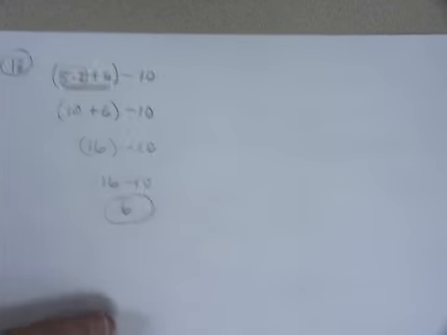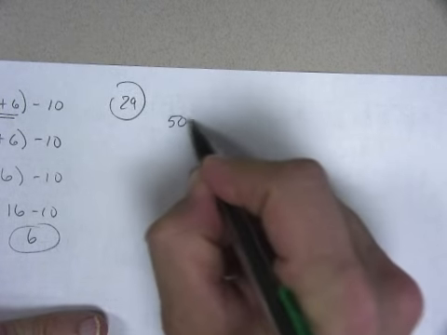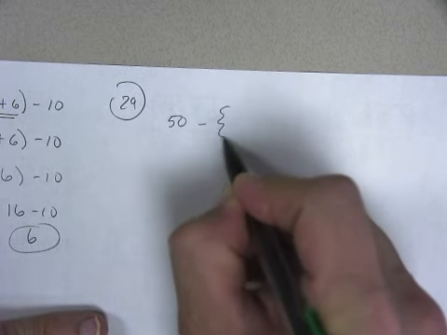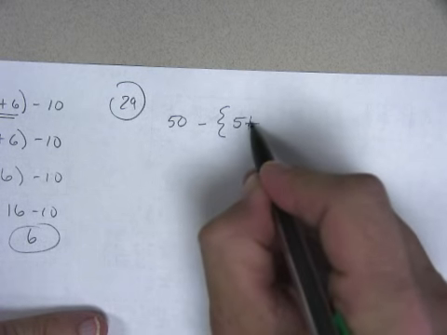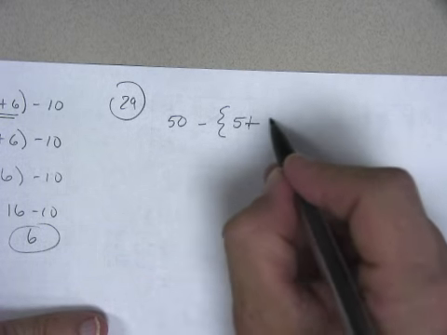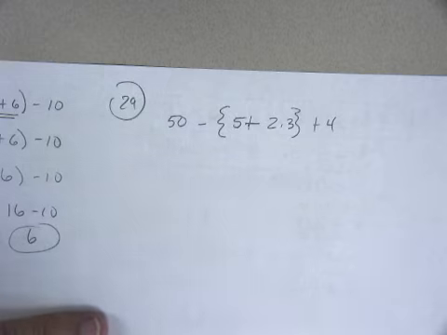All right, let's do the next one, number 29. 29 is a little bit stickier, so let's do 50 minus (5 plus 2 times 3) plus 4.